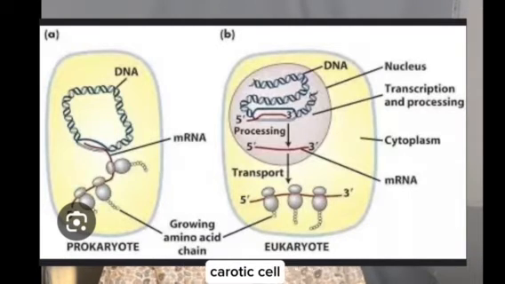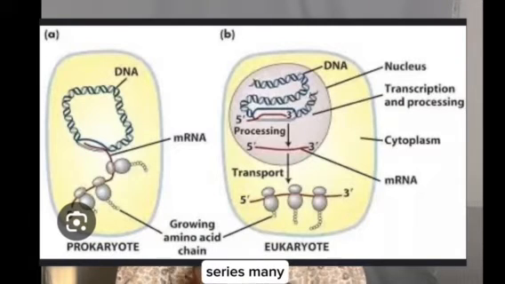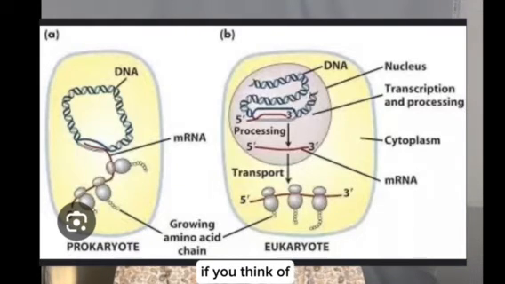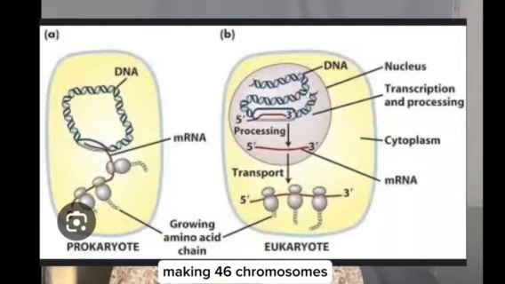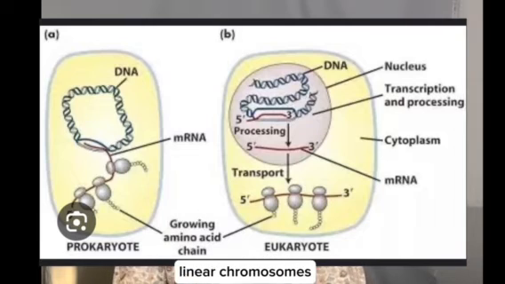Meanwhile, in the eukaryotic cell, what we have is many and multiple linear chromosomes. If you think of the human cell, it has 23 pairs of chromosomes, making 46 chromosomes. So linear chromosomes, sometimes in pairs, sometimes singly, multiples of them is what we have in the eukaryotic cell.